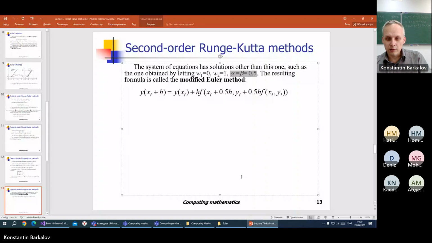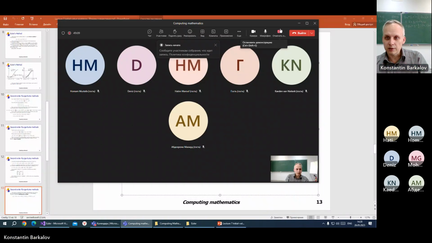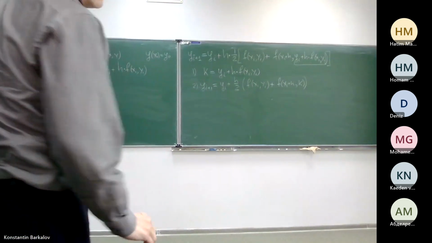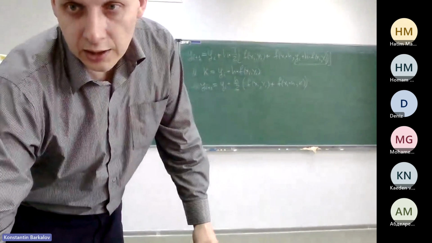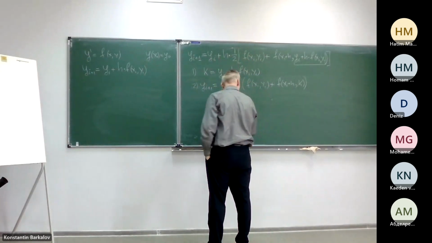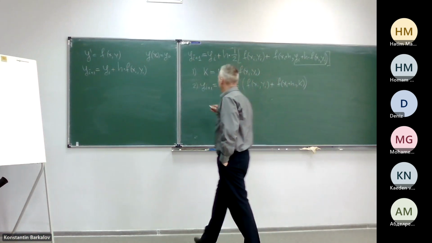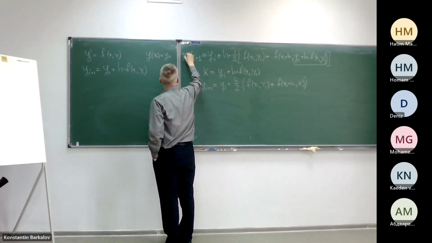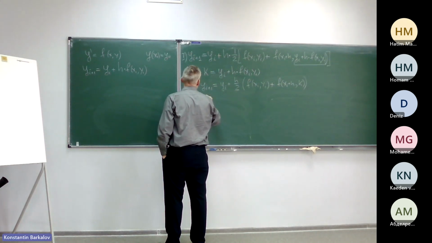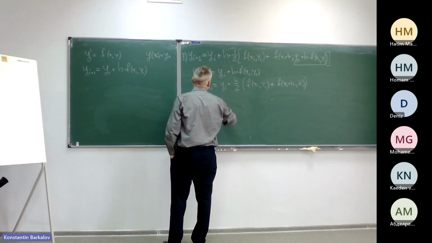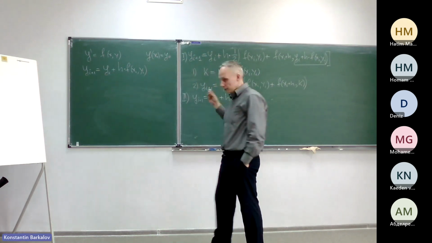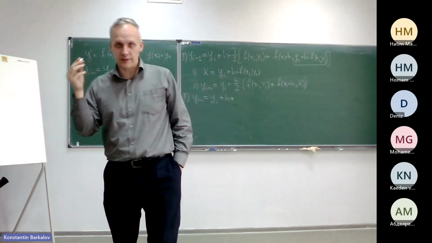I close the screen so I can write the formula of modified Euler's method on the board. y_{i+1} equals y_i plus h times... So the first part of the formula is the same.